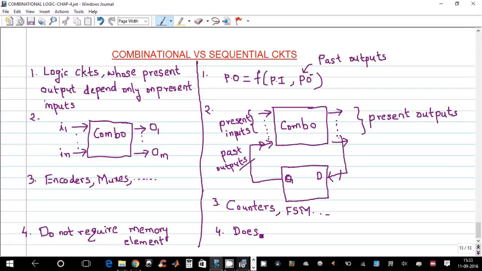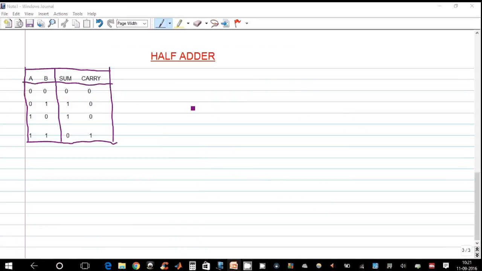Having said that, with these basic differences, let's start the discussion with the half adder. The half adder is also referred to as a single bit adder without the carry input.